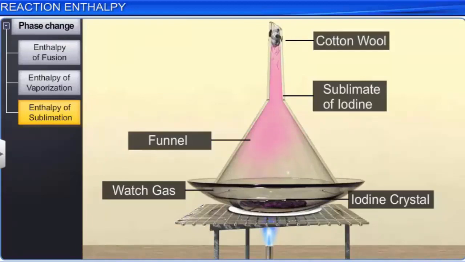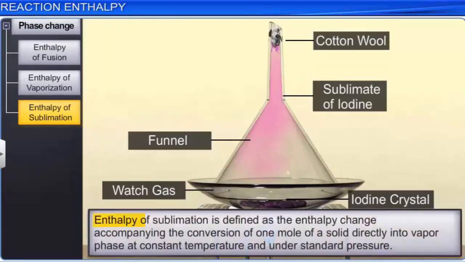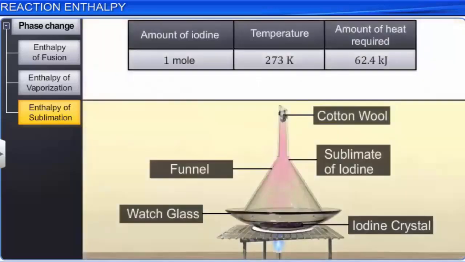Enthalpy of sublimation is defined as the enthalpy change accompanying the conversion of 1 mole of a solid directly into vapor phase at constant temperature and under standard pressure. For example, the amount of heat required to sublime 1 mole of iodine is 62.4 kilojoules. Thus, we can say that the molar enthalpy of sublimation of iodine is plus 62.4 kilojoules per mole.